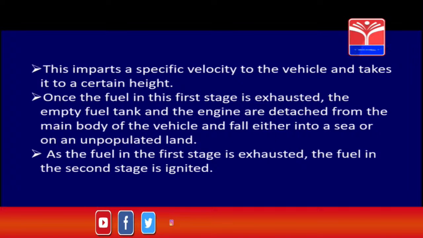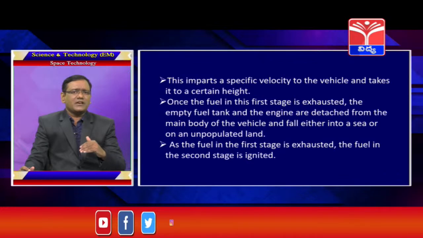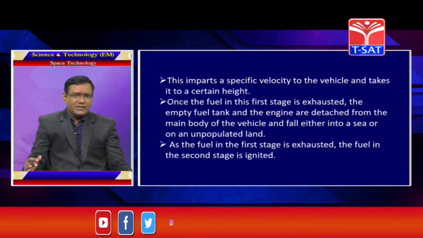Once the fuel in the first stage is exhausted, the empty fuel tank and the engine are detached from the main body of the vehicle and fall either into a sea or on an unpopulated land. Thereby it reduces the weight of the entire launch vehicle. As the fuel in the first stage is exhausted, the fuel in the second stage is ignited. So that means we have completed stage 1 and now we have moved into stage 2 in this 2-stage launch vehicle.